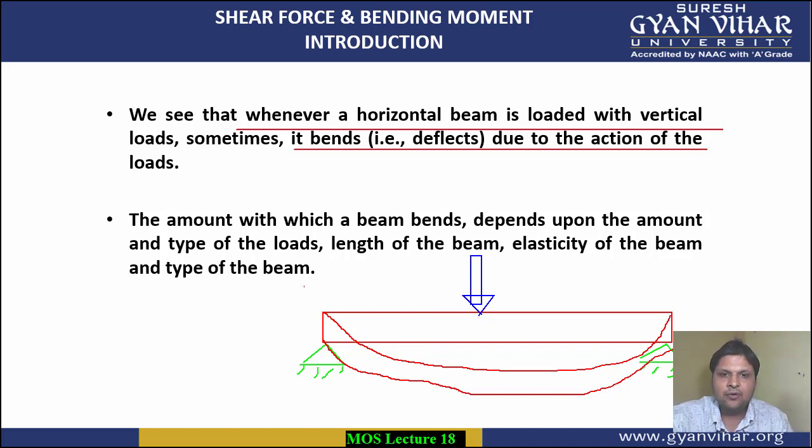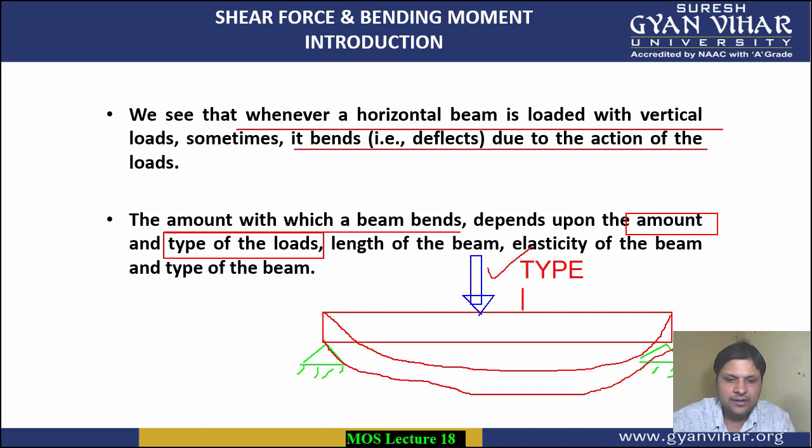Now, in order to know the amount with which it bends, it depends upon the type of load and the amount of load that is acting. So both are important, its type as well as its amount, in order to know how much bending will be there.